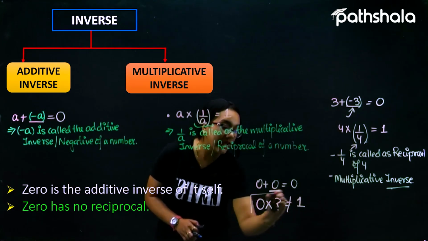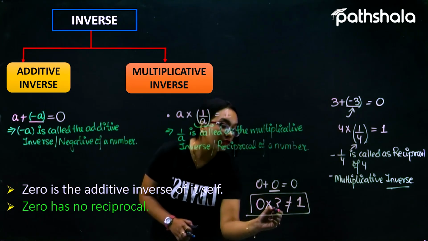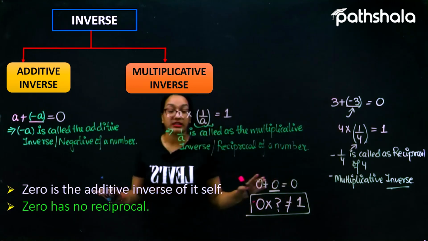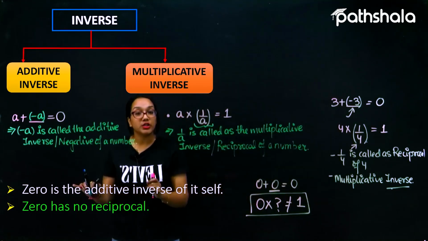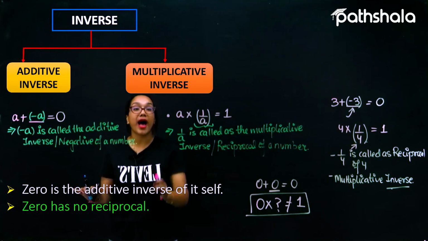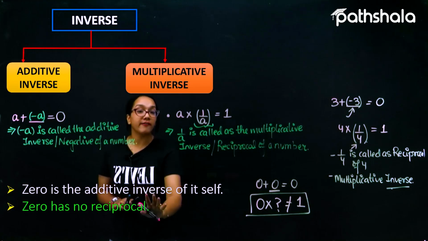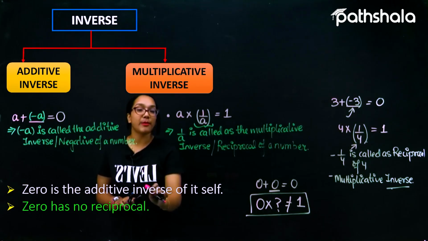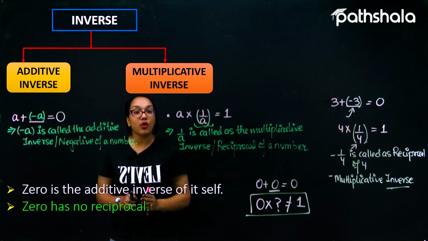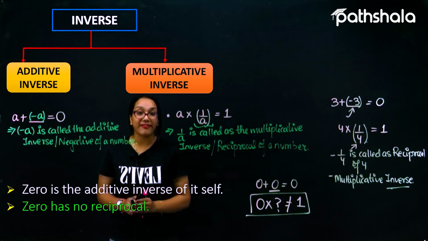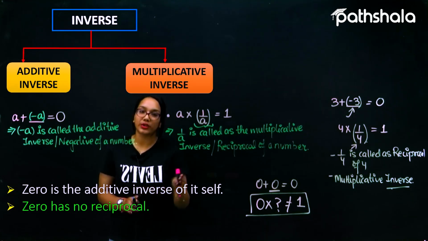It means that the multiplicative inverse for the number 0 won't exist, so 0 has no reciprocal. These two notes are very important from the examination point of view: 0 is the additive inverse of itself, and 0 has no reciprocal.